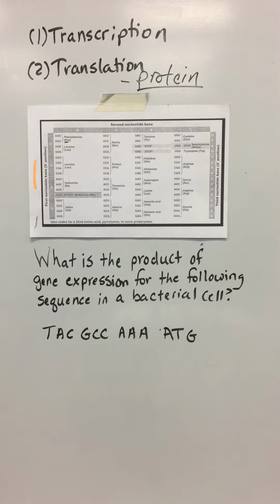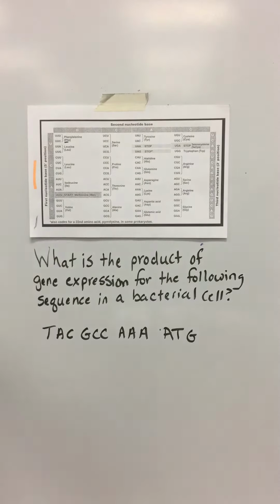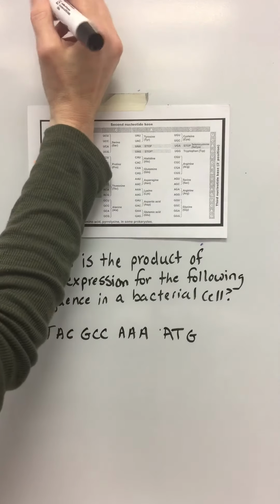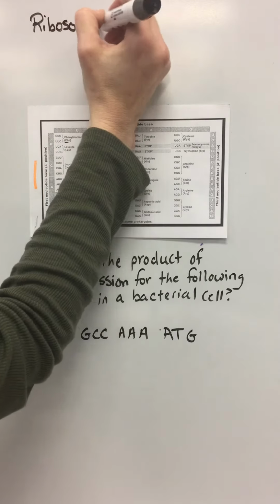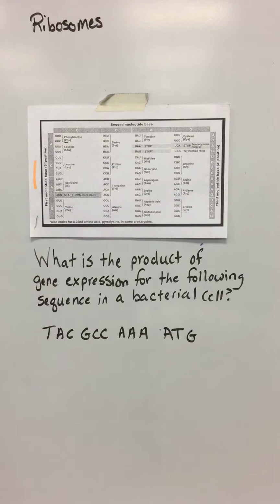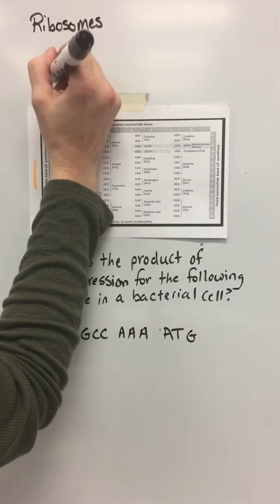Now, some other things that we need to look at before we can actually address this question. We should recognize at this point that proteins are produced by structures known as ribosomes. And ribosomes, if you'll recall from Unit 1, come in two sizes.